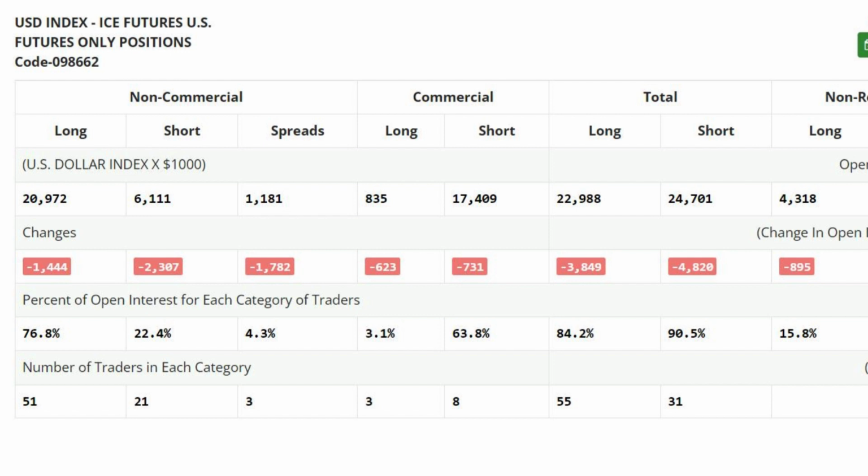The changes show there's fewer long positions being closed and more short positions closed. This tells me that the dollar is very favorable to more long positions than short positions, which means the market for the dollar is bullish overall, because institutional traders have more long positions than short positions based on the numbers from non-commercial traders. It's very important that you distinguish these two markets.